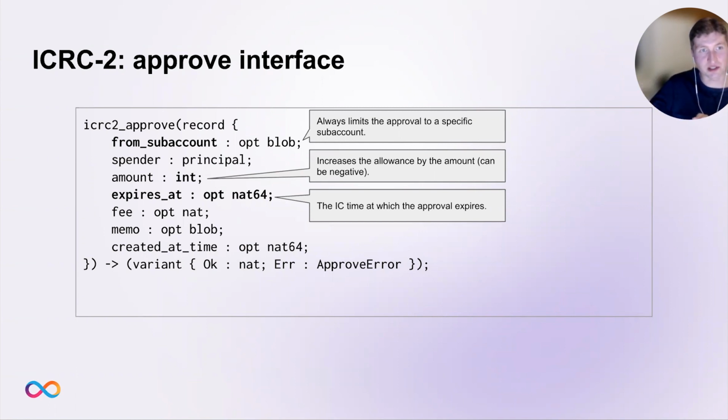Then you specify the spender, the canister or other user who can spend funds. Then you can specify amount, which is an integer. It can be positive and negative, which will be the increment. So you increment the approval by this amount. You can specify an optional expiration date, which will be the Internet Computer time in nanoseconds.